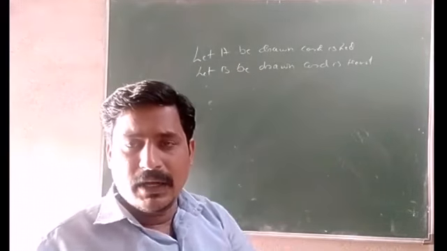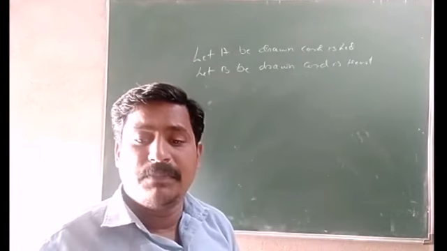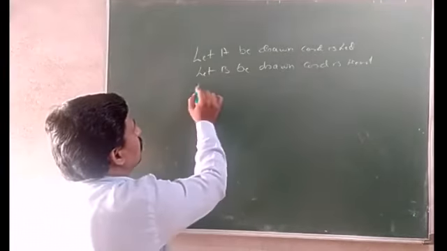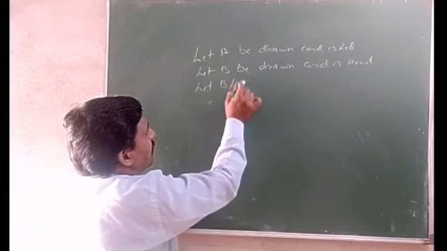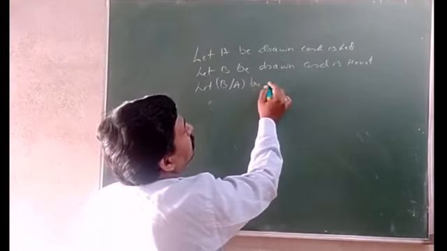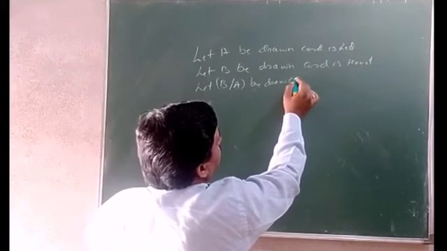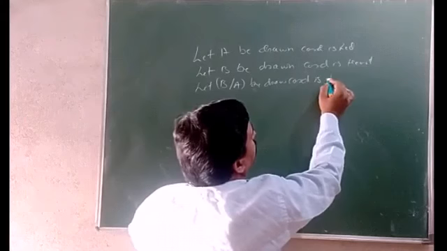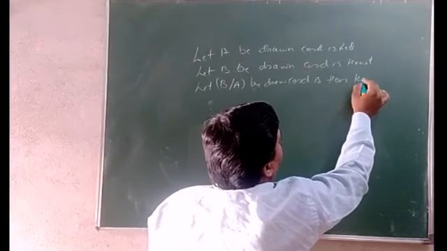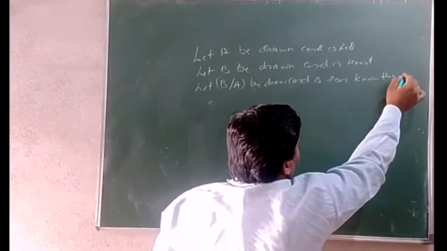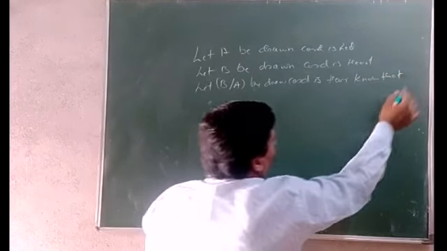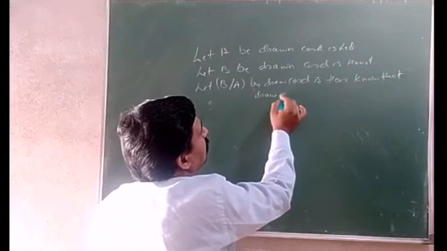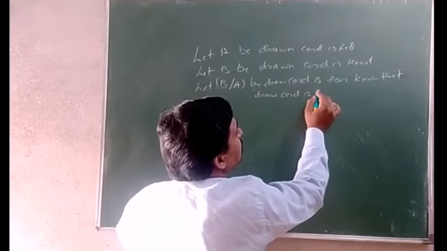And now the conditional probability, that is B given A. So let B given A be: drawn card is heart, known that drawn card is red.